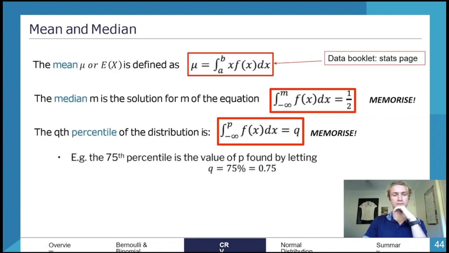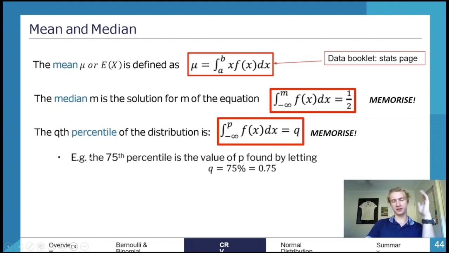Now, this one, percentile, is less high yield in terms of memorization. I'd write it down anyway, but it basically tells us the percentile of the population. So write down this formula, the Q percentile, and then we just sub in Q when it's given.